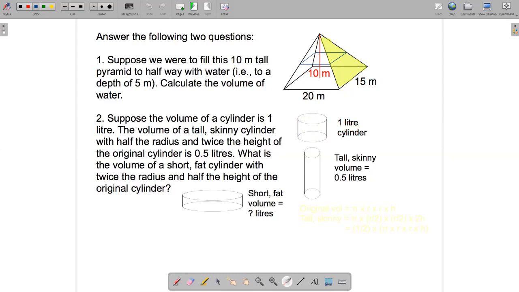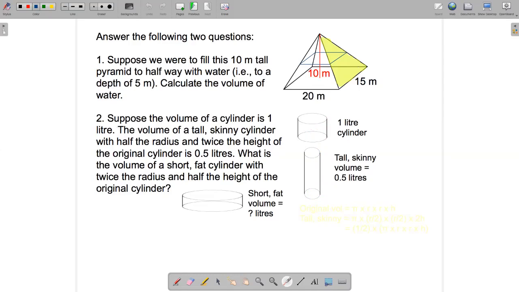We've also got a tall, skinny cylinder, and it has half the radius. So the radius of this tall, skinny cylinder is half of the radius of the original 1 liter cylinder. But the height, it's twice as high as the original cylinder.